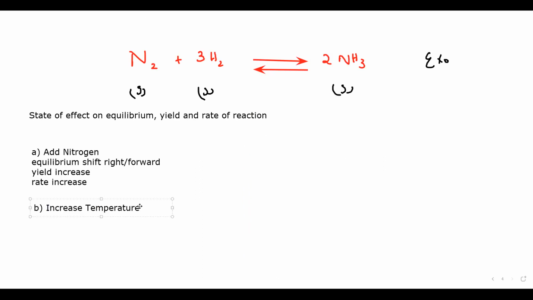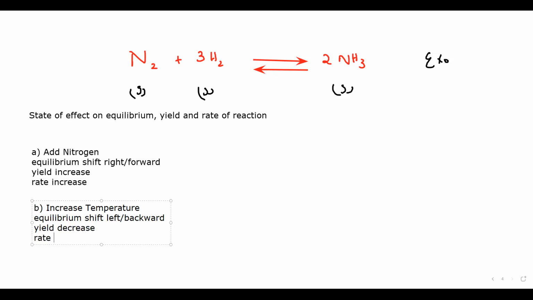So which direction will the equilibrium or the balance shift? Equilibrium will shift towards the left hand side, or we can say backward. And when equilibrium shifts towards the left hand side, the yield, or amount of the product, will decrease.